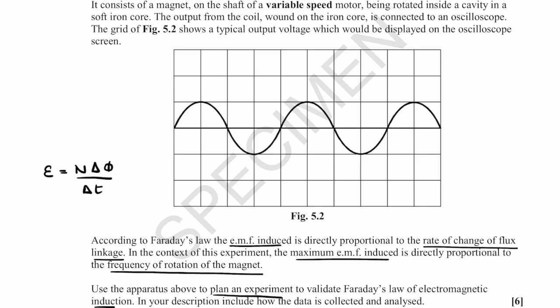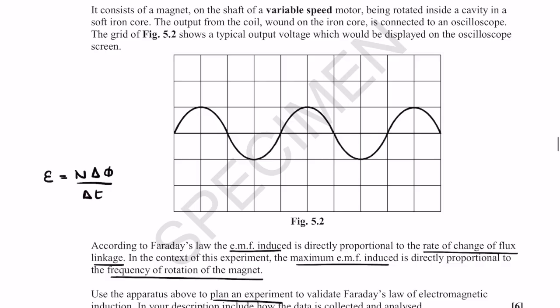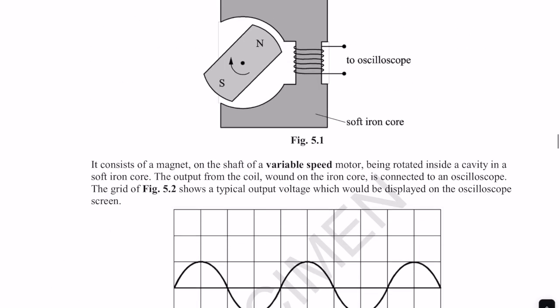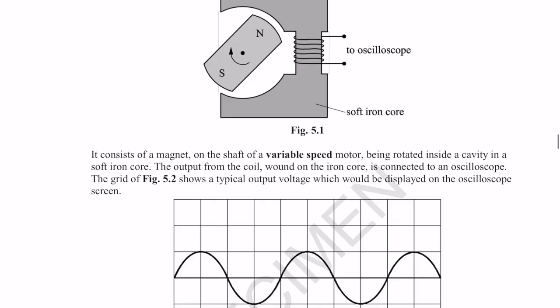So they even tell you how to modify the EMF: it is proportional to the frequency, and we need to verify that. So what we need to do is basically increase the speed of the rotation of the motor and then measure the frequency from there. That's the general principle.